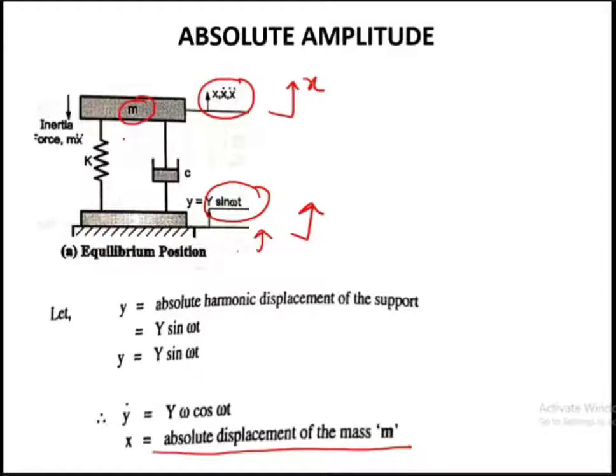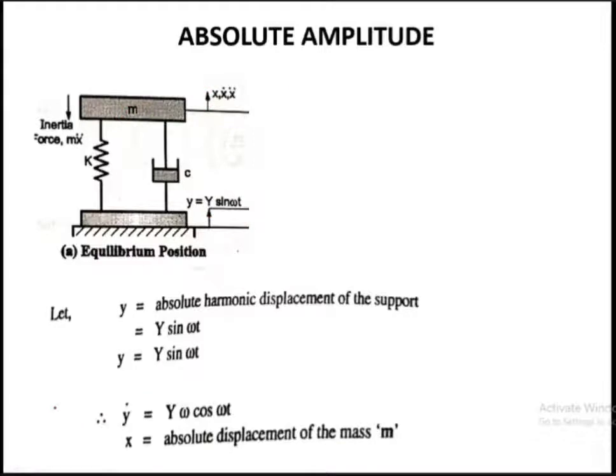Now I am not considering the relative motion between the mass m and the base. Okay, that I will consider later on. But here I am interested only in the absolute amplitude with respect to some fixed coordinates attached to the earth. So let us say that X is the absolute amplitude of mass m, and Y is the absolute harmonic amplitude of the base.